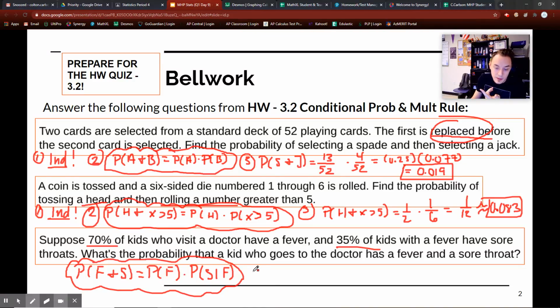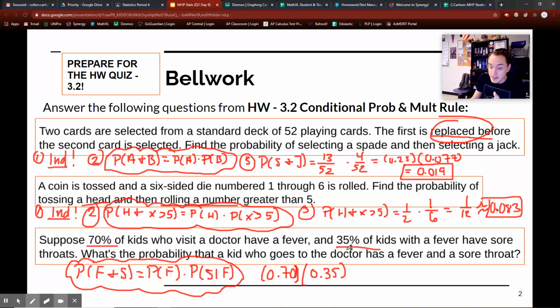Don't get too caught up on that formula because it's actually very simple. I'm going to take 0.70 because it's 70%. I'm just going to change it into a decimal here, 0.70, and then times my 35%, so 0.35. Why is it the case? Because 35% of kids with a fever have a sore throat. So that's the 35%. So 35% of kids have a sore throat given they have a fever.